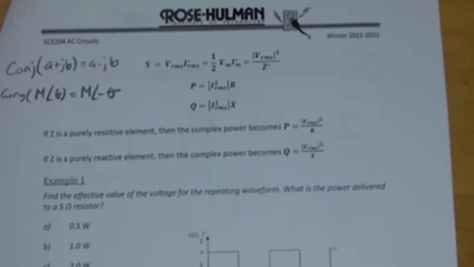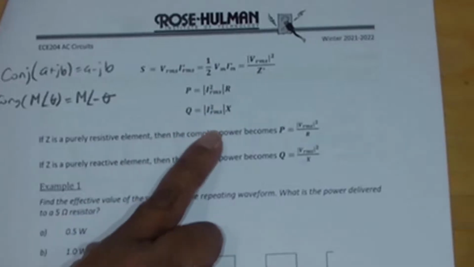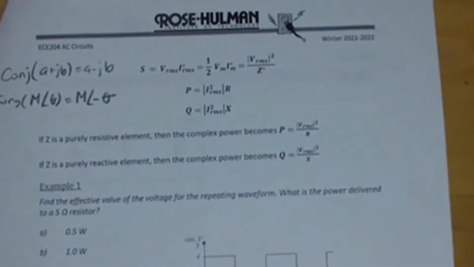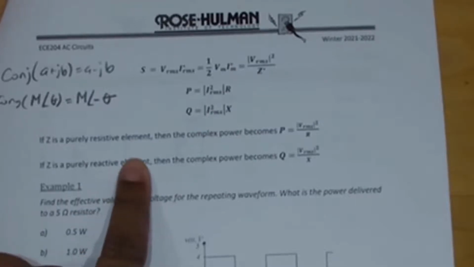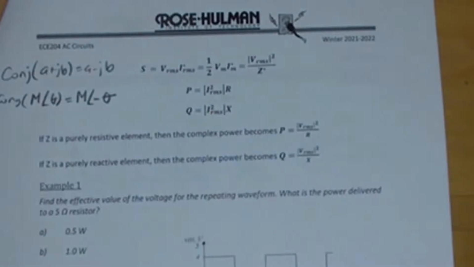I also have one to just find average power. It's the magnitude of IRMS squared times R, or the magnitude of IRMS squared times X. If Z is a purely resistive element, I can also use the magnitude of VRMS squared over R, or if Z is a purely reactive element, I can use the magnitude of VRMS squared over X.